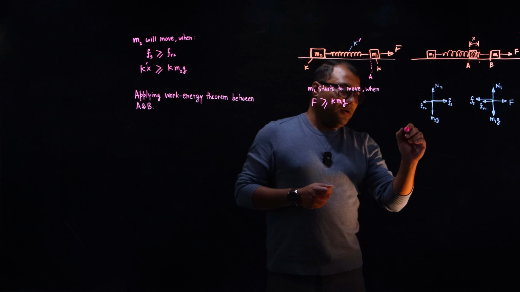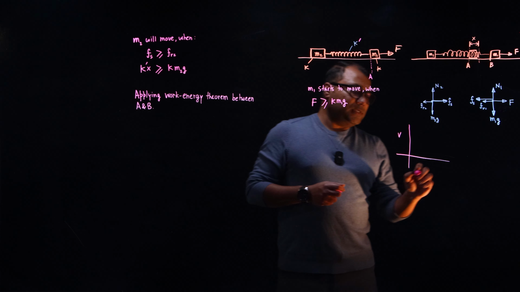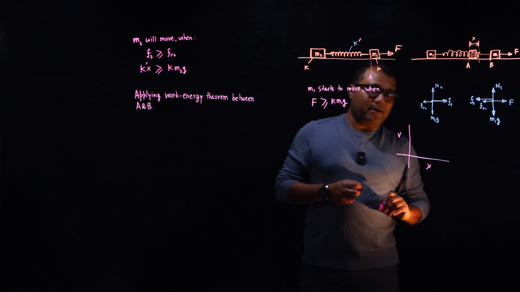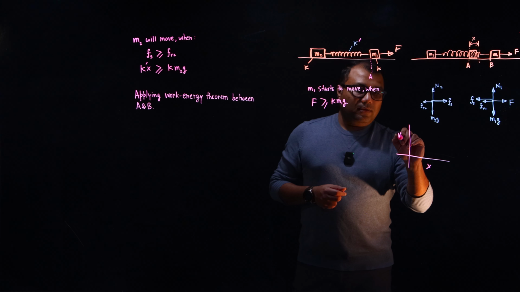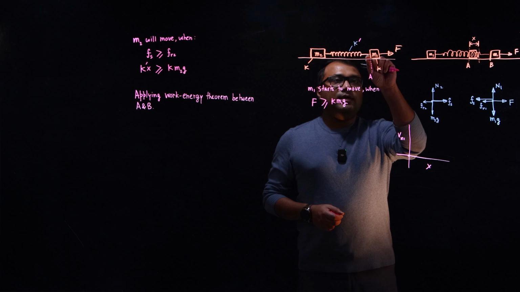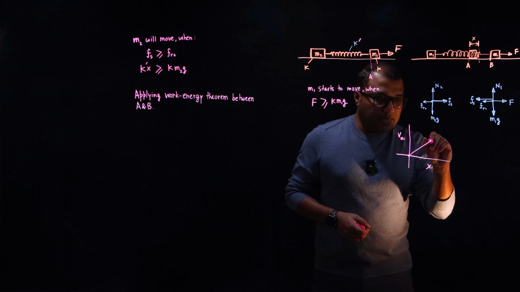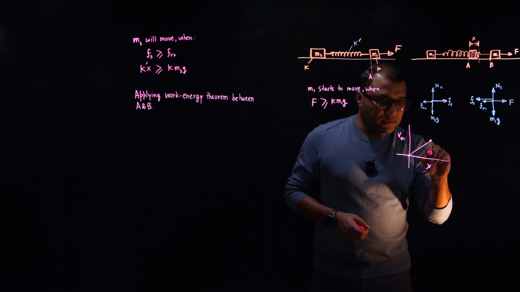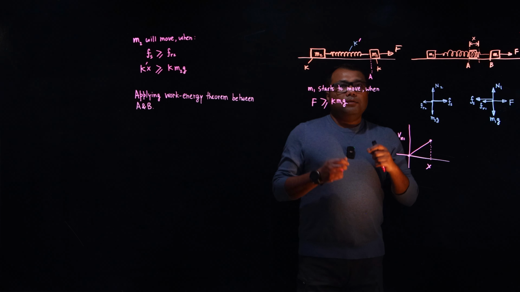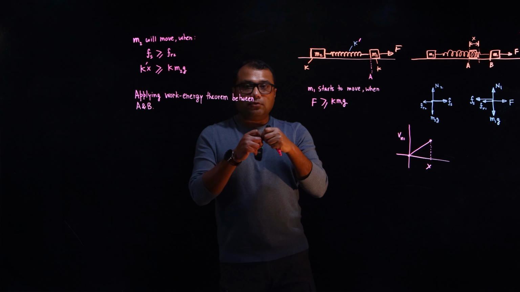So if I draw a velocity versus x graph of m1, as x increases, velocity is increasing. At some x, the force F and the spring force balance each other out.